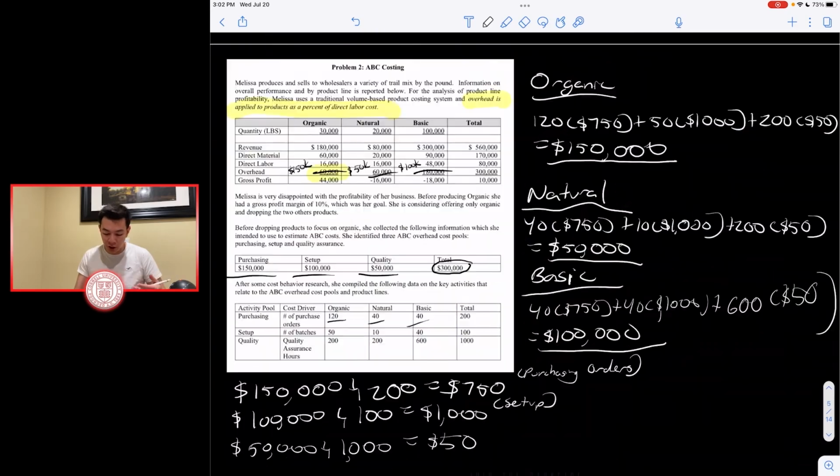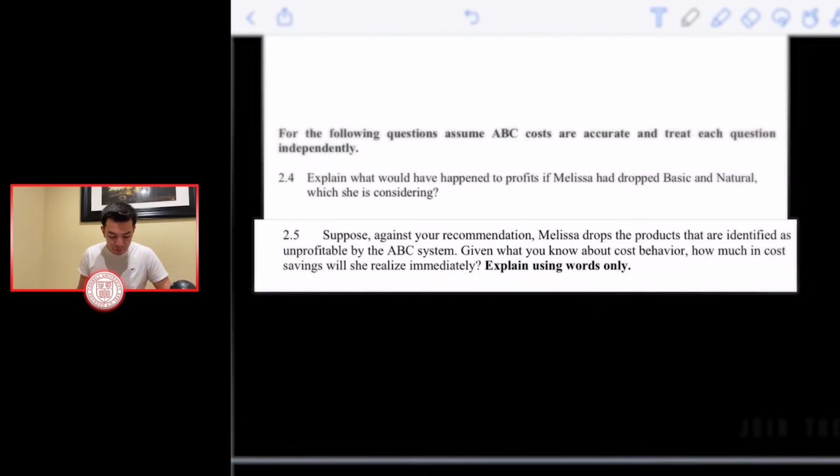fixed costs being incurred. For the last part, 2.5: suppose against your recommendation, Melissa drops the products that are identified as unprofitable by the ABC costing system. Given what you know about cost behavior, how much in cost savings will she realize immediately? I talked about this a little bit earlier, and basically if she dropped her unprofitable lines, it would probably not be a good idea.